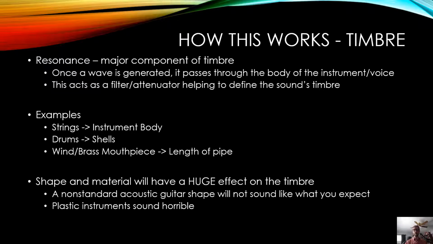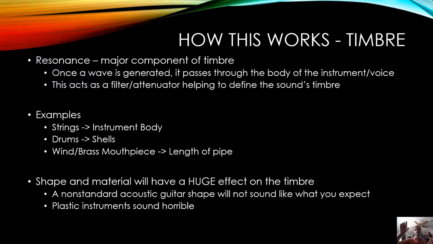So once a wave is generated, it passes through the rest of the body of the instrument or the voice. This acts as a filter and attenuator, which helps to define the sound and its timbre. For example, in a string instrument like a violin, you have the strings that are connected to the bridge, which transfers vibrations to the top of the violin.